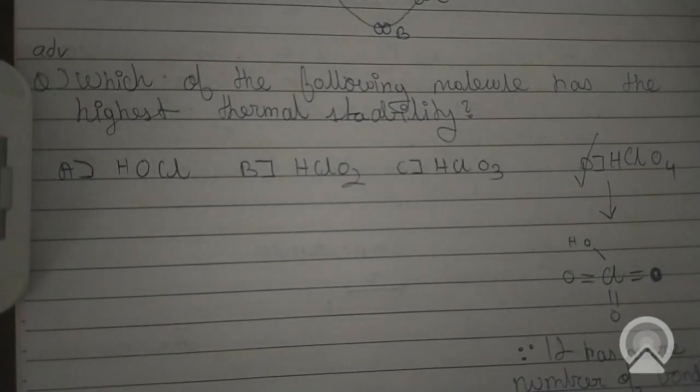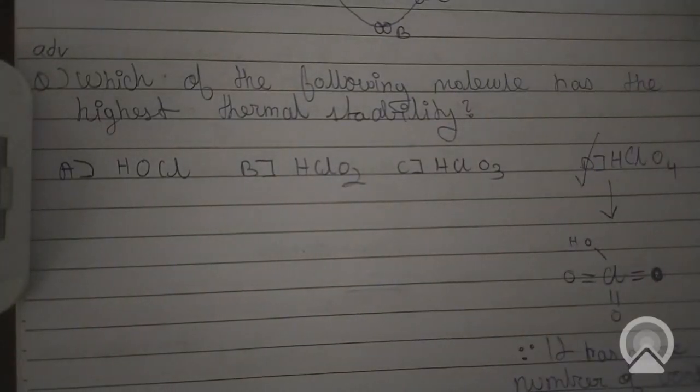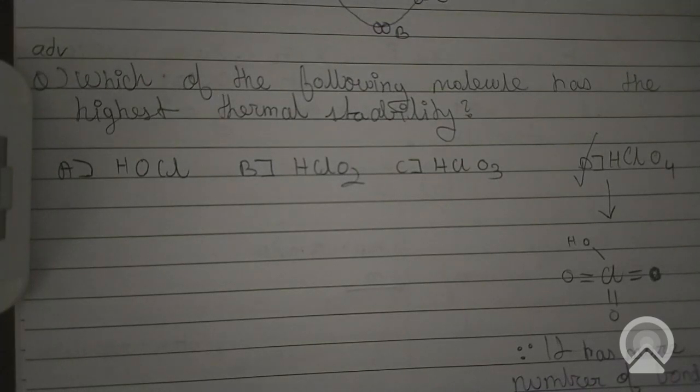Another way of attempting the question is that we can calculate the oxidation number of the central atom, chlorine, the central halogen.